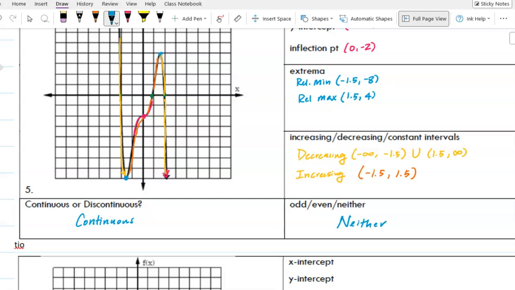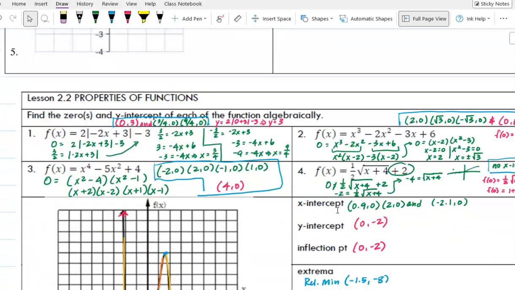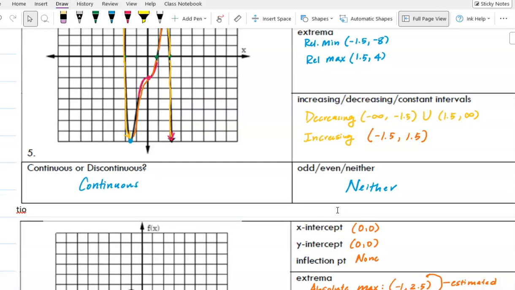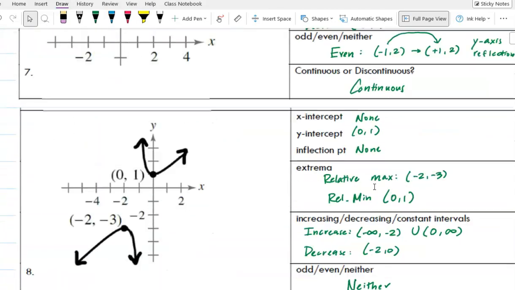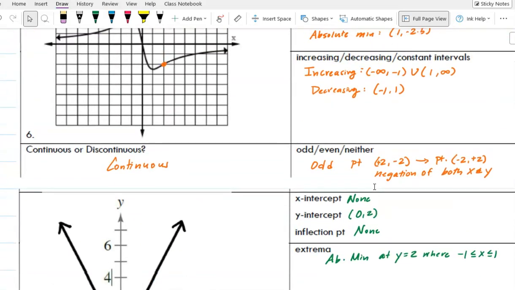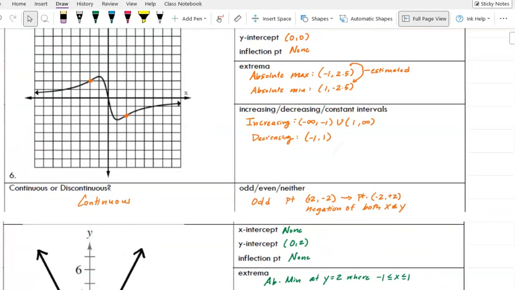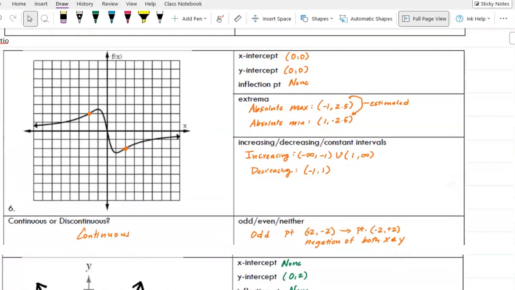Okay, good job. I think we'd stop the video after number 5, but I did 6, 7, 8, the properties of functions on these, and a couple of things that I wanted to point out.